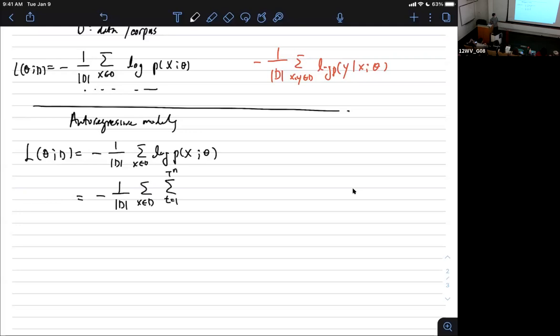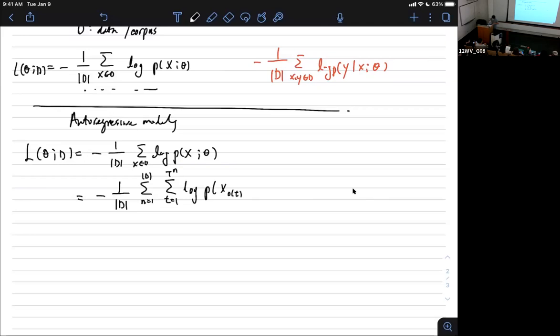Actually, let's change it a bit. n goes from 1 to the size of the data set, and this T_n refers to the length of the nth example, because every text snippet you can imagine is going to have a different length from another text snippet. So we need to think about that. And then the log probability of the t-th variable x, given all the previous ones, x_{o(1)}, x_{o(2)}, up to x_{o(t-1)}. I'm still using the order, the permutation o, but I'm going to drop it after this.